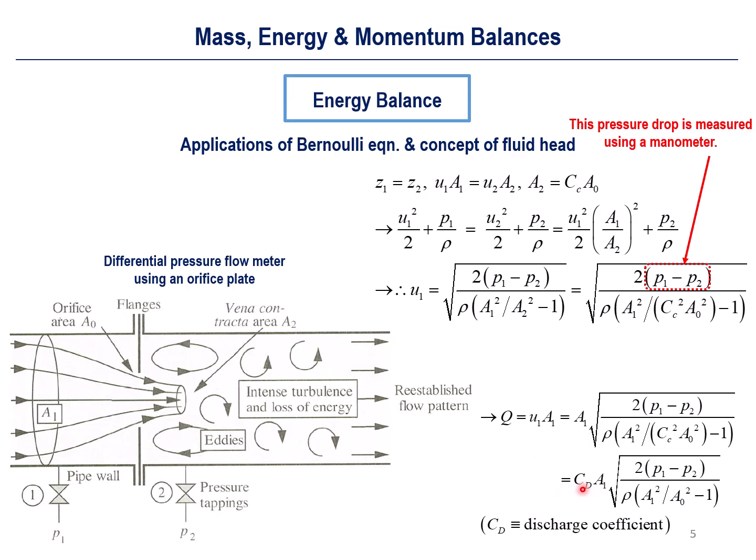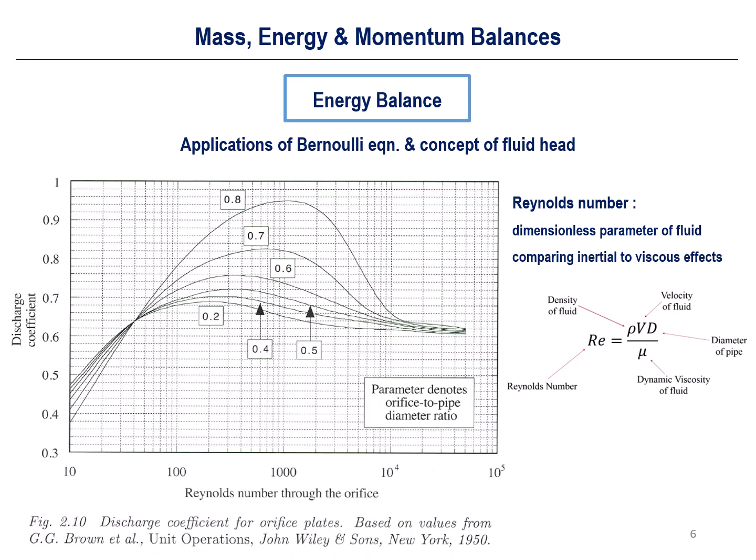Anyway, this is the final form of the flow rate with the contraction factors, cross-sectional areas, and the discharge coefficient. The discharge coefficient is ideally 1, but in reality, it is always smaller than 1.